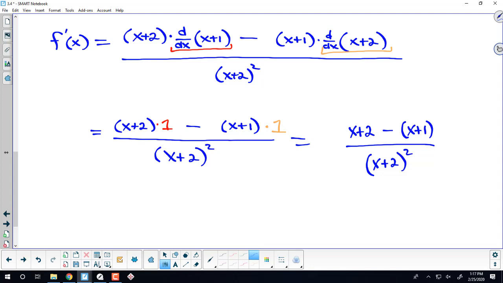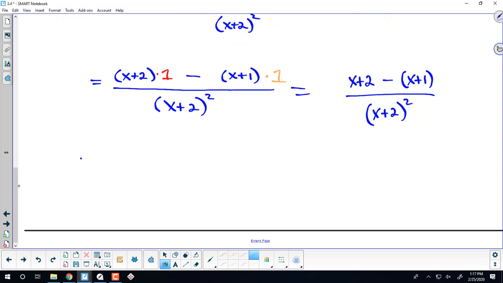Again, I hope no one's in this habit, but it is absolutely incorrect to just divide these. Both of those things on top are divided by x plus 2 squared. So don't just simplify the x plus 2 because they're the same. We need to actually simplify the top or factor an x plus 2 out before we cancel it with the bottom. So we've got our x plus 2, and this is just going to be rewritten as minus x minus 1.